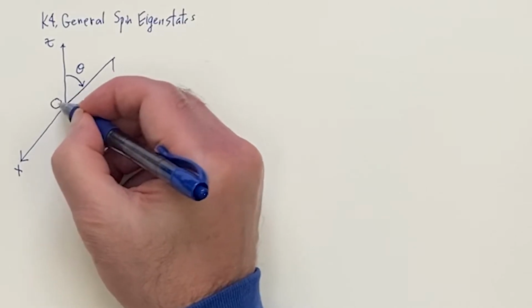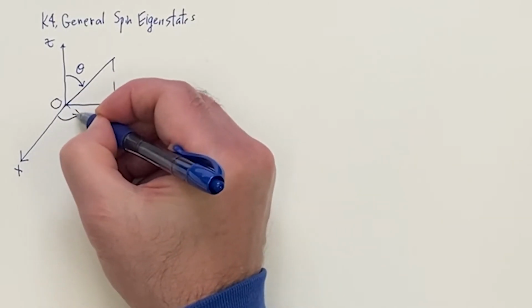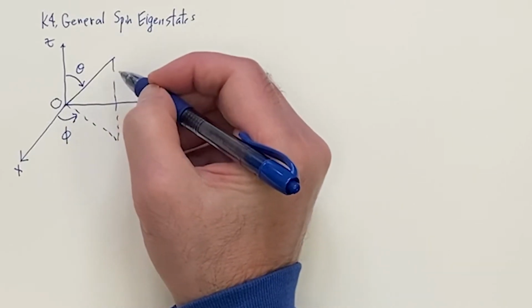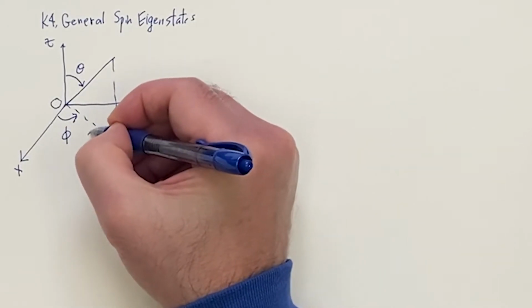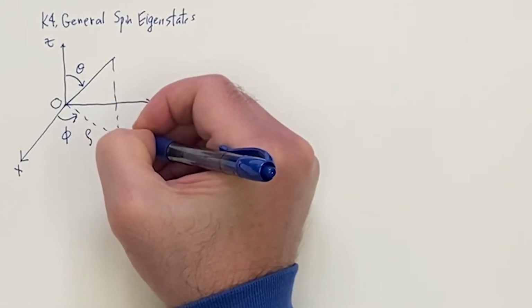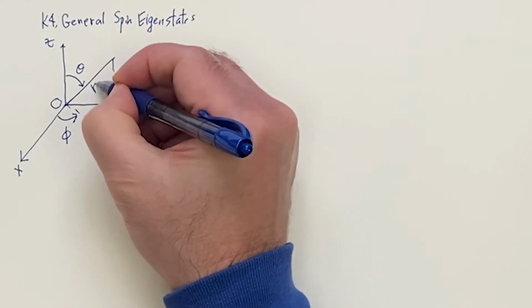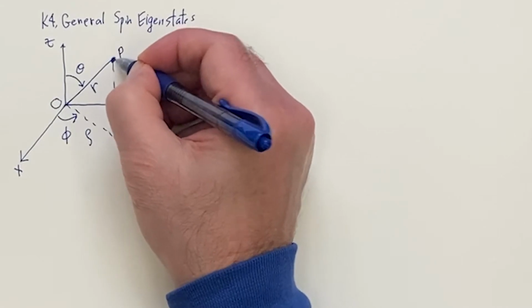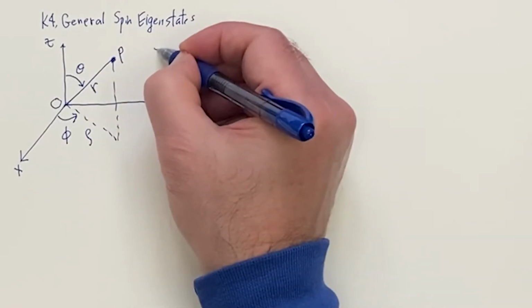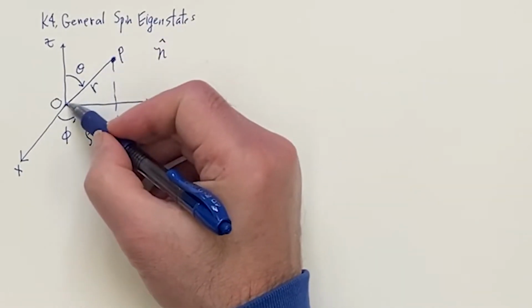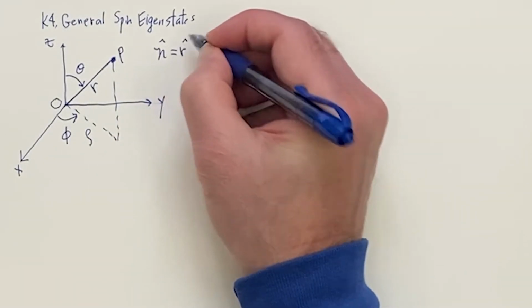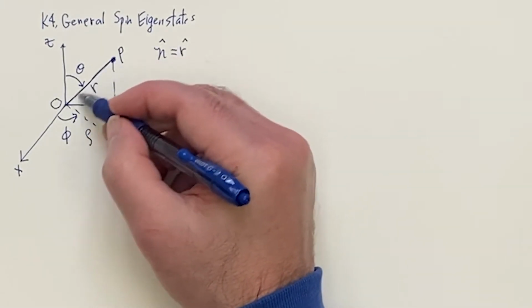This is your origin here, and this is the angle phi. Now in math class they may have different angles, but that's okay. This is rho, this distance here. And this is r to get you up to the point, say P in question. And the unit vector points along, say this, sometimes they just use r hat, points along this direction.